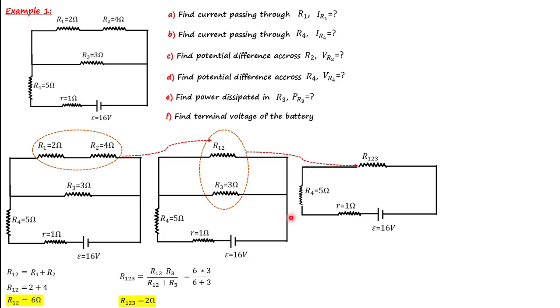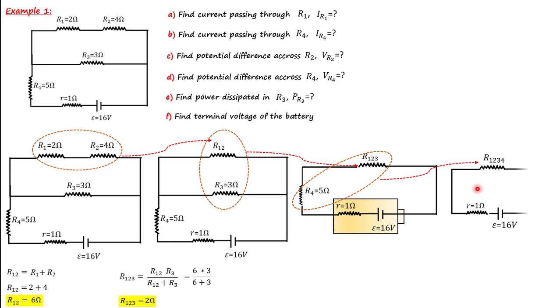Then we're going to consider these two. They're in series. I don't want to include this small r here, because this is the internal resistance of the battery. So R123 and R4 are in series. Then we can reduce this circuit into this one, R1234, and the battery. Let's first calculate R1234, which is R123 plus R4, because they are in series, and we get 2 plus 5, which is 7 ohm.